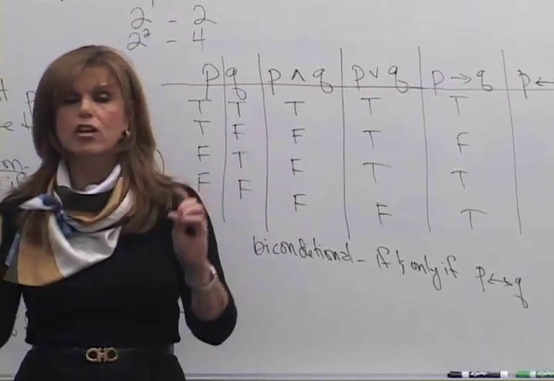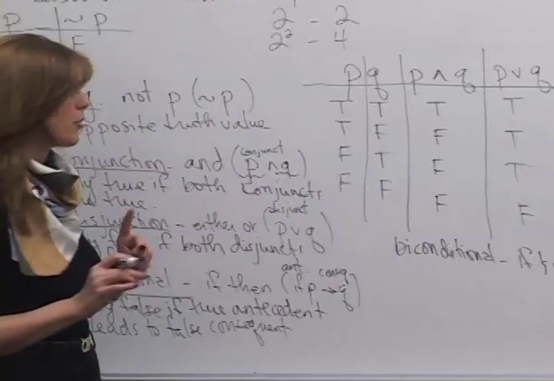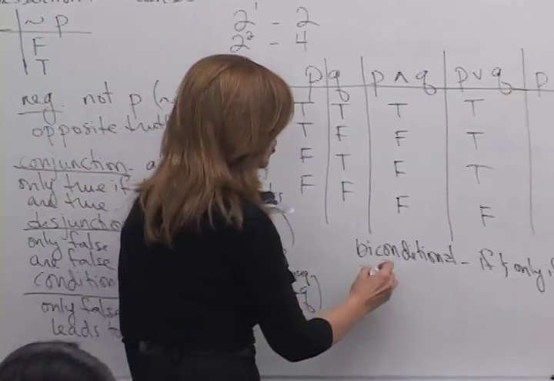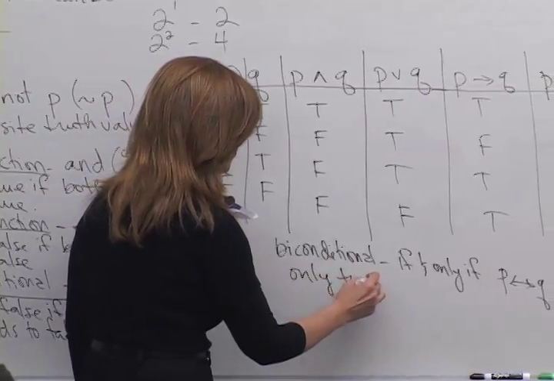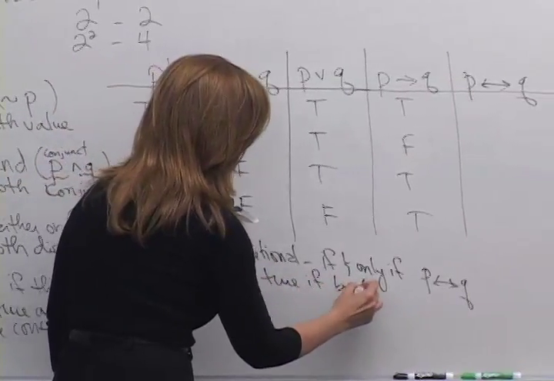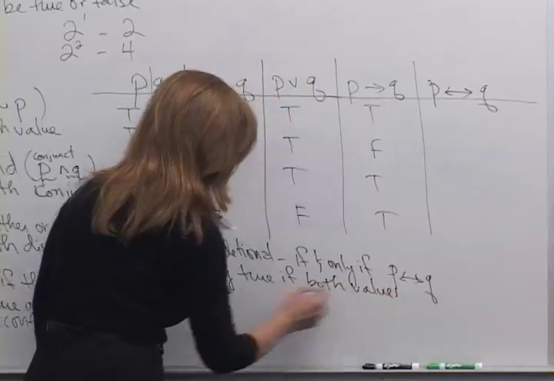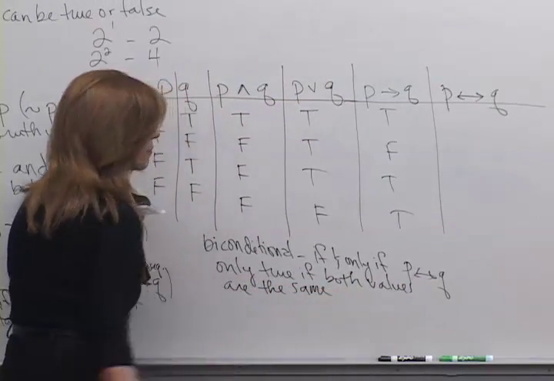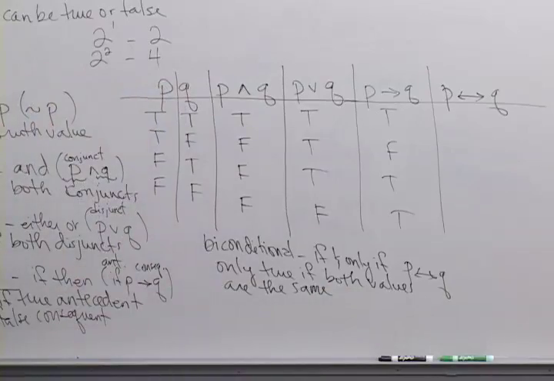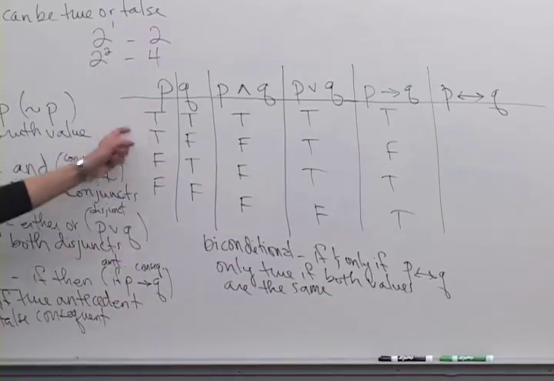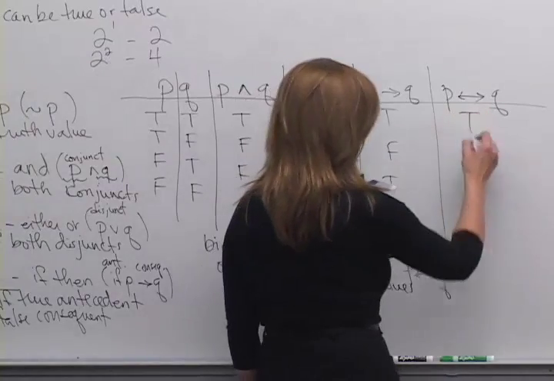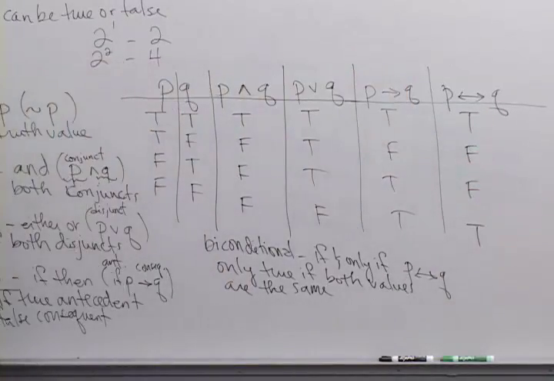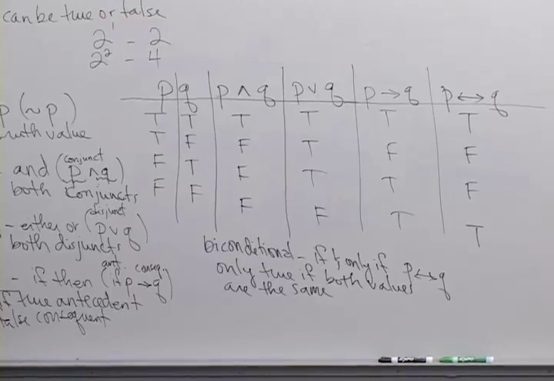It has to both be the same for it to be true. So, the rule of the biconditional says, only true if both values are the same. So where is it the same here? 1 and 4. Very good. So it's going to be true here, it's going to be true here. Otherwise, it's going to be false. And that is the rule of the biconditional.